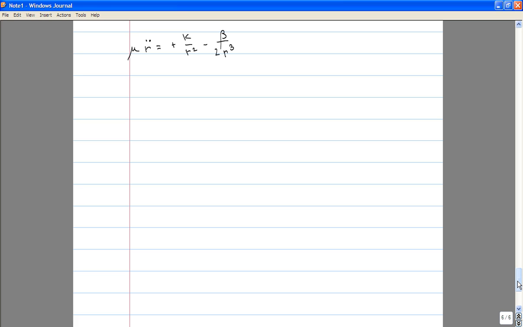So in particular, the trick that I would like to use is, instead of thinking of t as the independent variable, I would like to think of phi as the independent variable. So rather than thinking of r of t, I would like to think of r as a function of phi. So why can I do that?